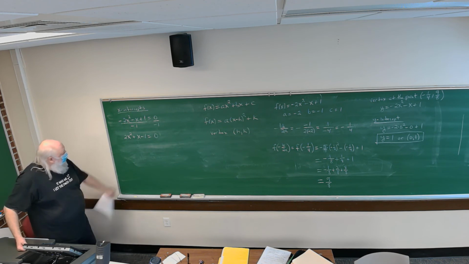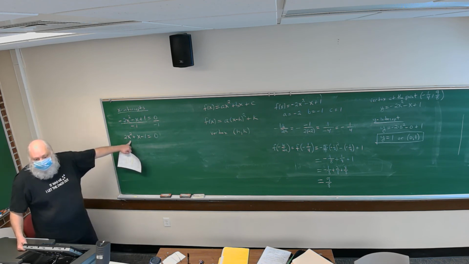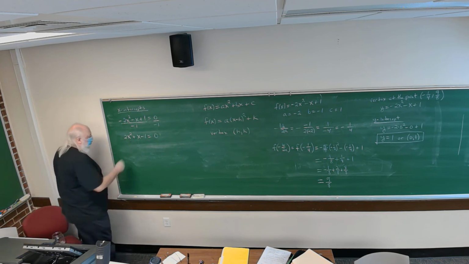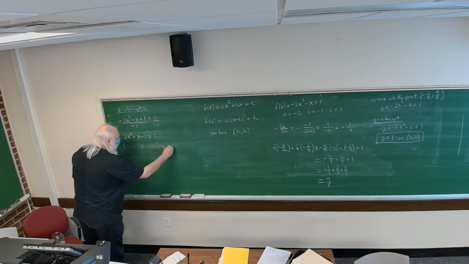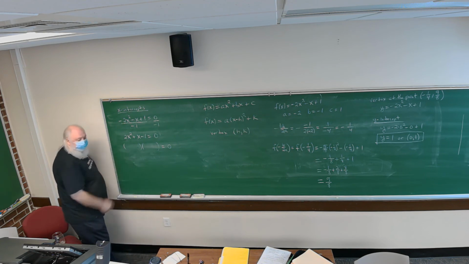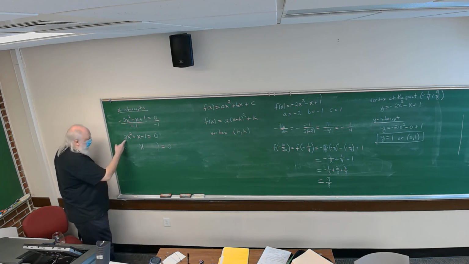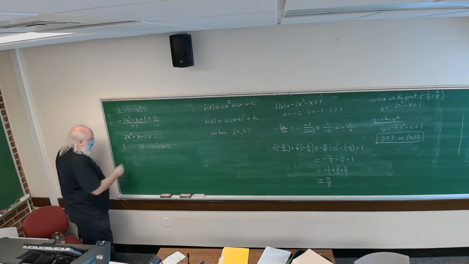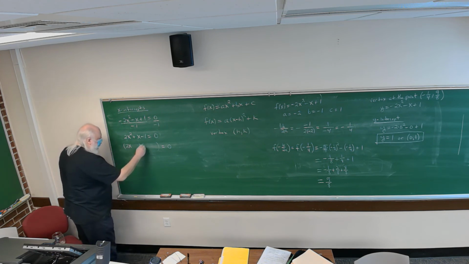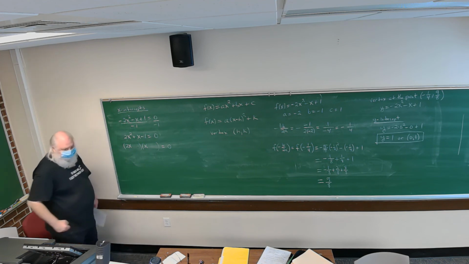Okay. Now I can factor this. The number in front of x squared is positive. So the factors of plus 2 are 1 and 2, right? So it's got to be 2x and x.